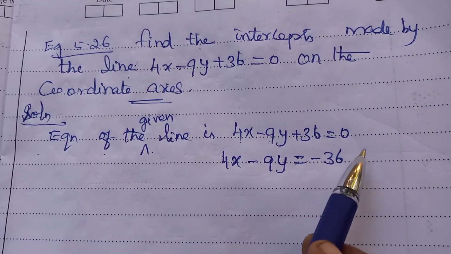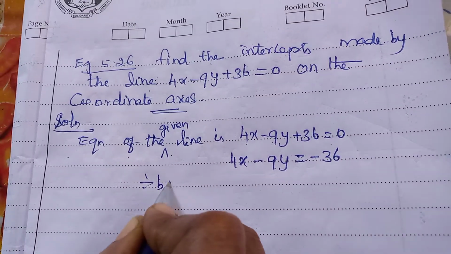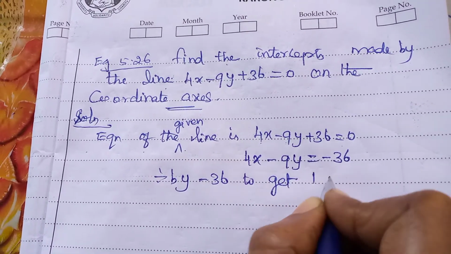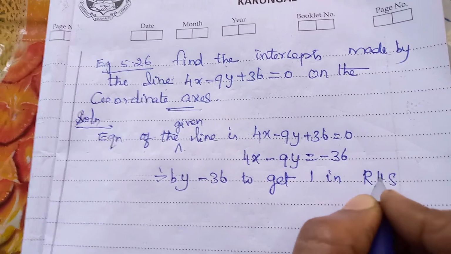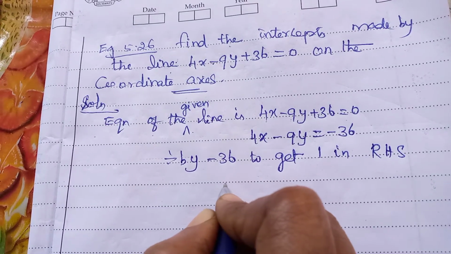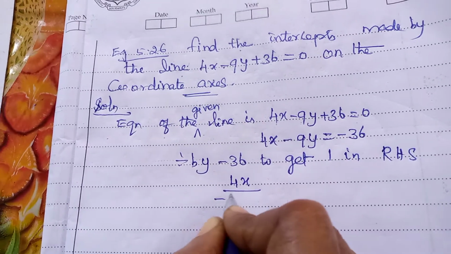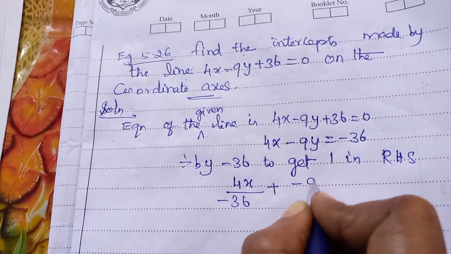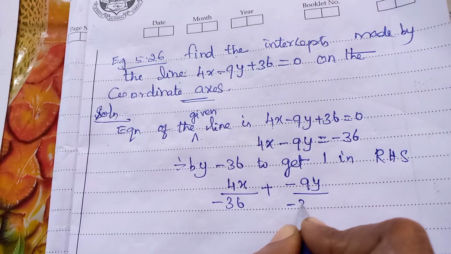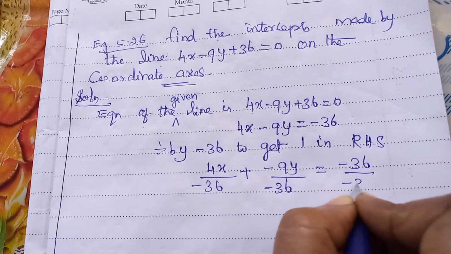Next we have to make the right side 1, so we divide throughout by minus 36 to get 1 on the RHS. So 4x by minus 36 plus minus 9y by minus 36 equal to minus 36 by minus 36.